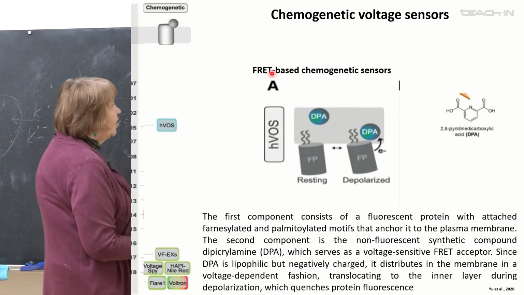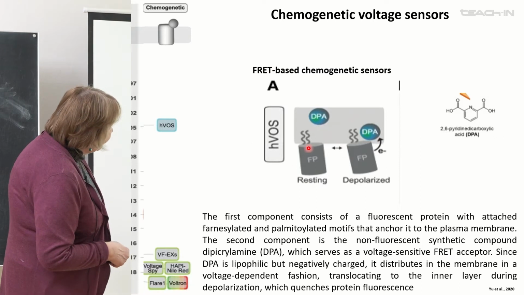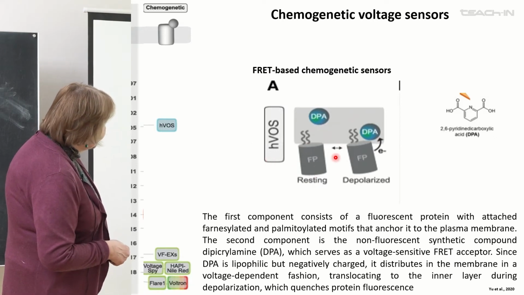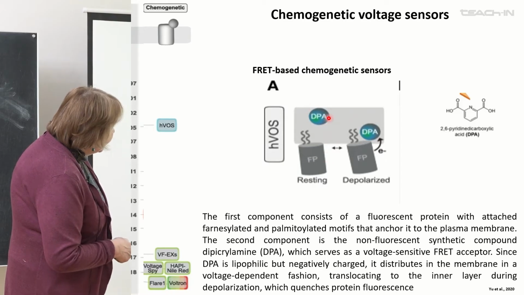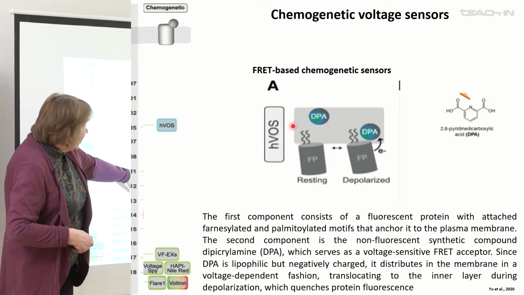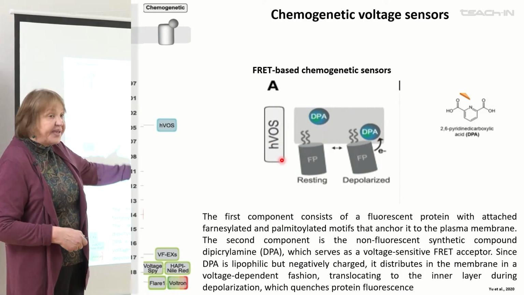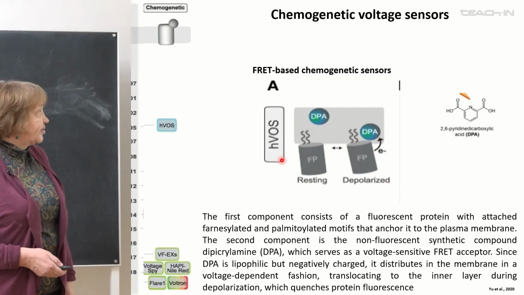So what is happening? Here you have a resting potential, and this acceptor, DPA, is far from your protein. But if the cell is depolarized, the DPA moves close to the site where the fluorescent molecule is.